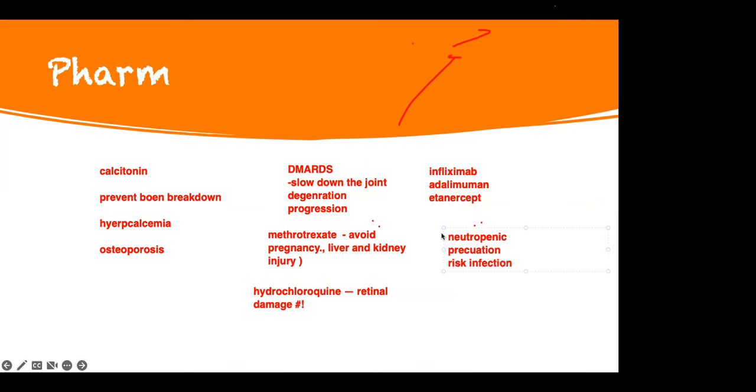You teach all the teaching that you know. Whatever you know, you bring it back here. You watch them, you check their CVC, you make sure any signs of infection, tell me, I need to see you. You monitor the eye. So they are going to be leukopenic. Methotrexate and hydroxychloroquine can affect the immune system. All of them is going to decrease. It's the same thing all over, nothing new.